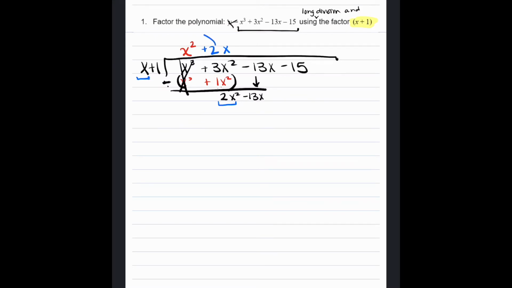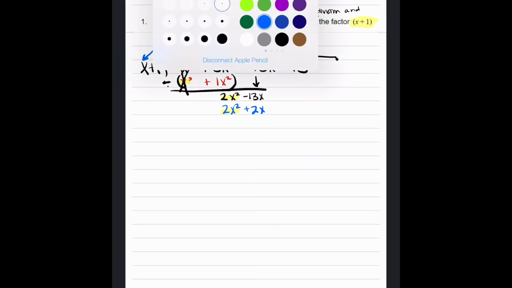Because if I do 2x times x, 2x times x becomes 2x squared. 2x times positive 1 becomes positive 2x. Remember, I just want my first terms to match, so see how those 2x squareds matched, how the x to the thirds matched. The last terms do not have to match, just those first ones.